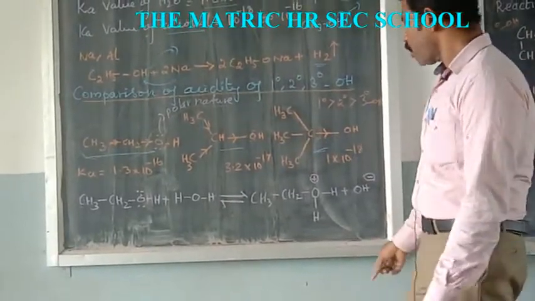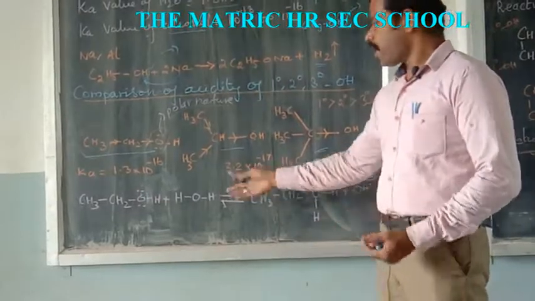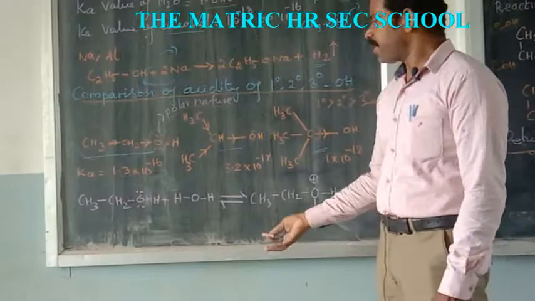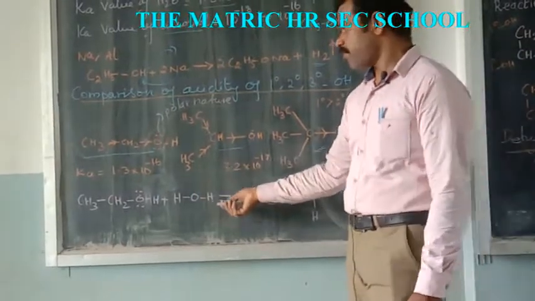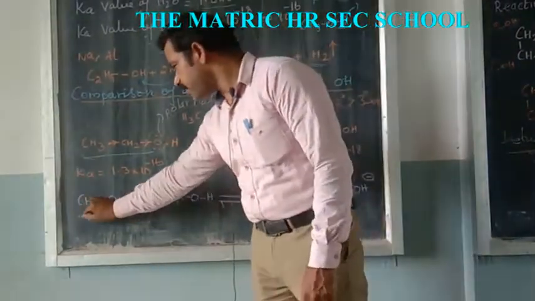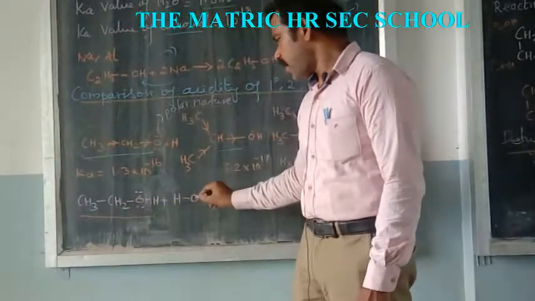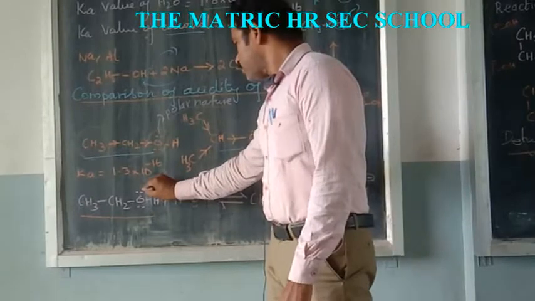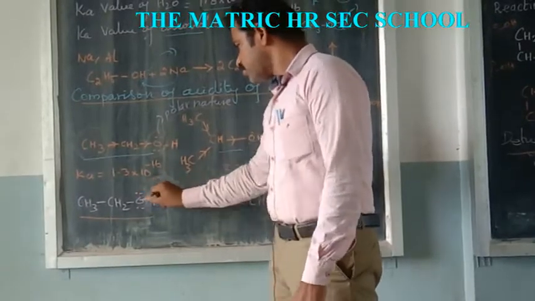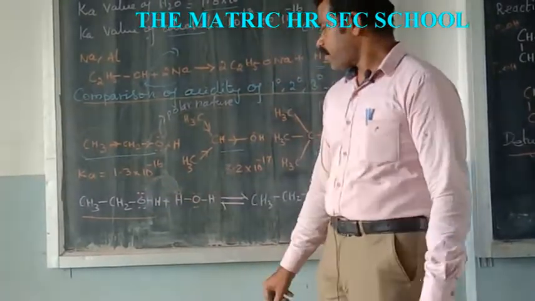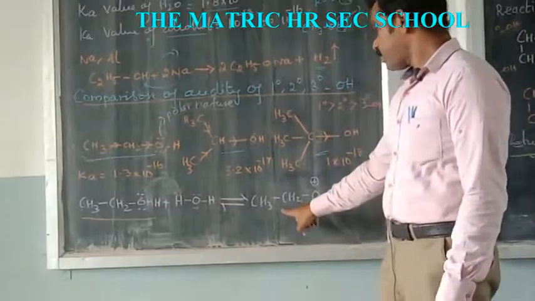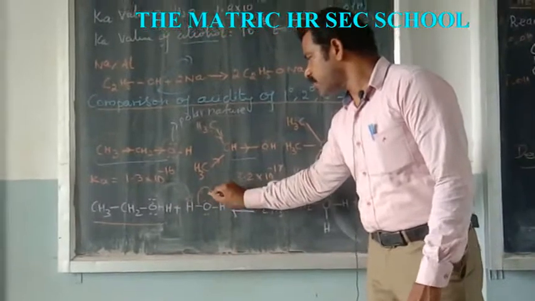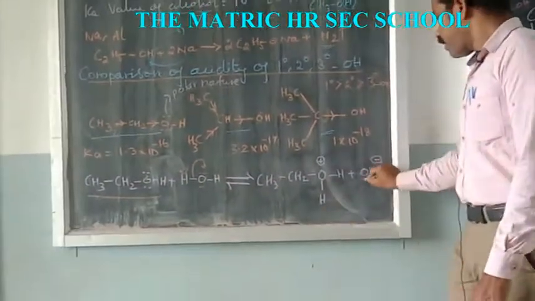Okay, how is it possible that water is more acidic compared to alcohol? This is a very simple reaction. We take ethanol, CH3CH2OH, and water molecules. The oxygen of the alcohol donates its electrons to hydrogen, so we get an oxonium ion. The electron is accepted by this oxygen, and we get negative ions.